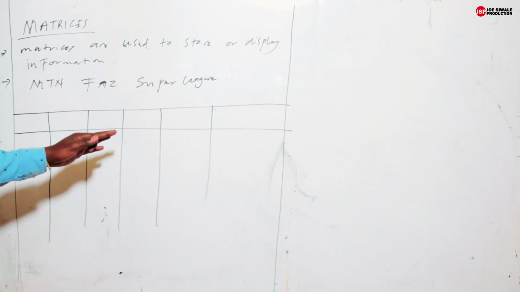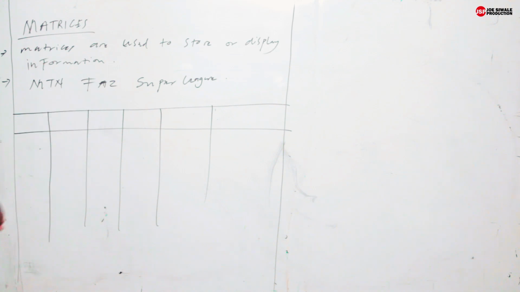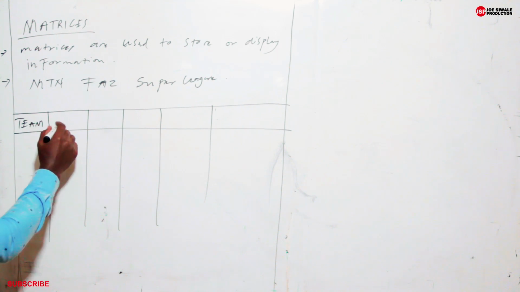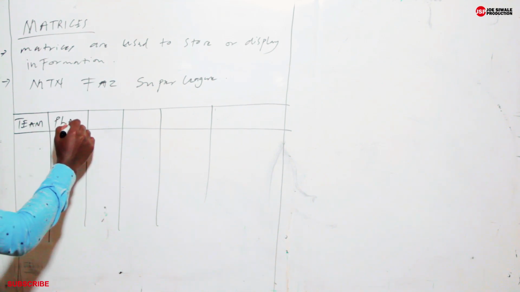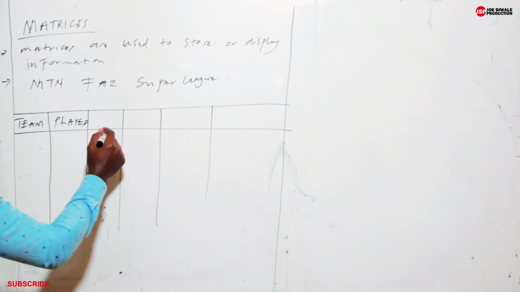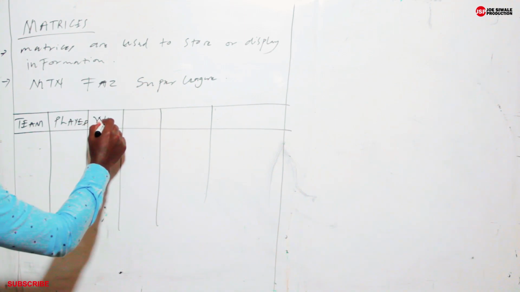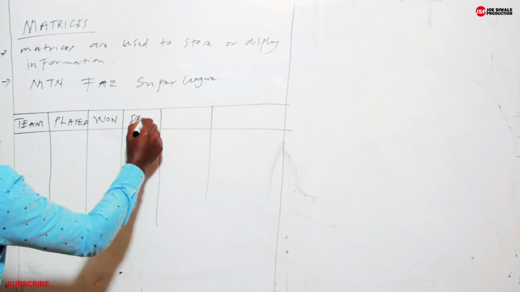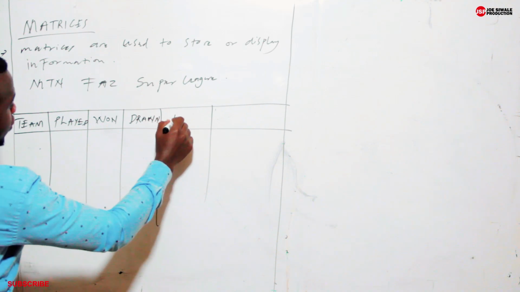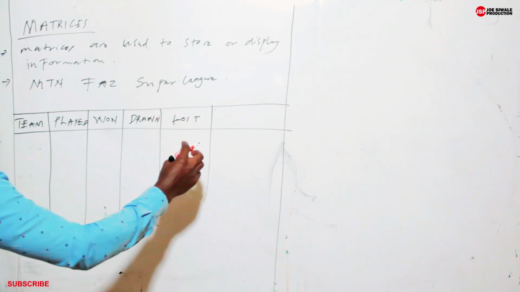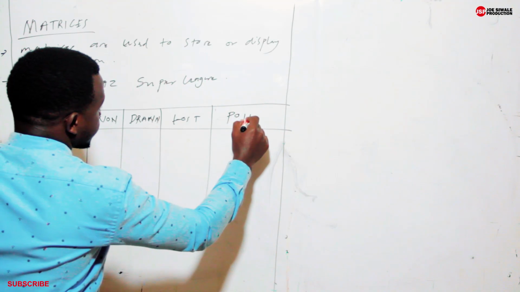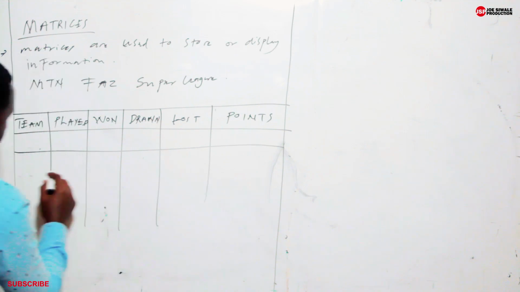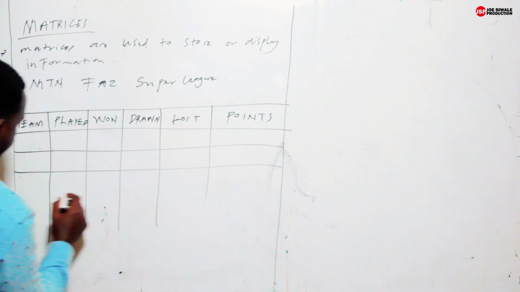It shows the MTN FAS Super League, and we have team in our first column, then played in our second column, then won, then drawn, then lost, and here we have points. And I'll give examples of 5 teams.